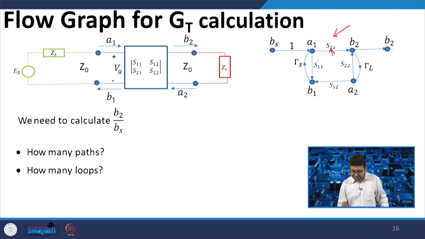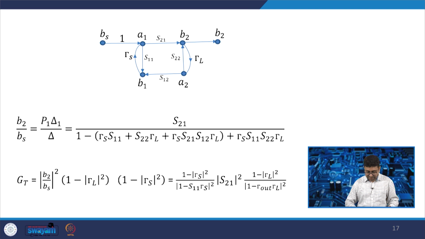So, one is the gamma S gamma L combination, another is the gamma L S22 combination, and the third is gamma S S21 gamma L S12. We consider all these 3 loops in the transfer function. So, that is P1 delta 1 by delta, where delta 1 is equal to 1, because all the loops are touching the path.